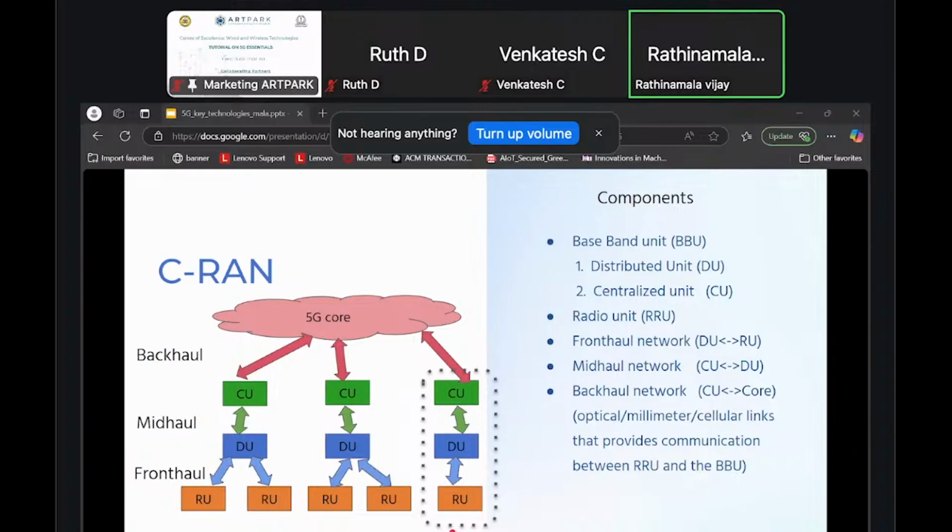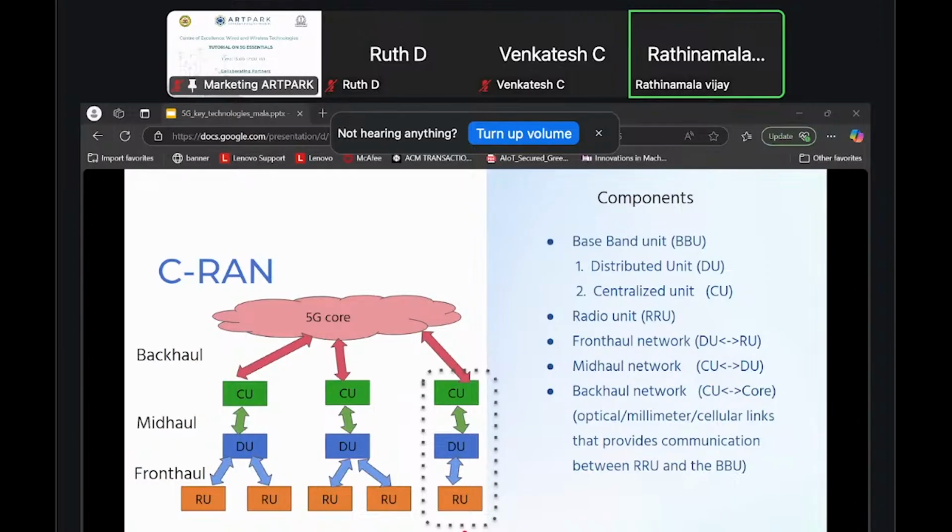So you can see in this figure, the centralized unit performs the higher layer functionalities like PDCP and SDAP and so on.